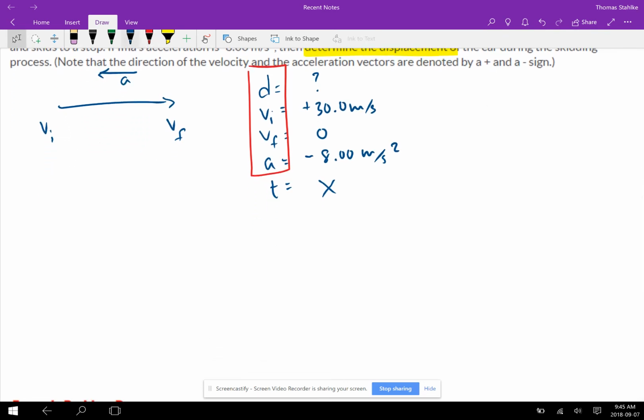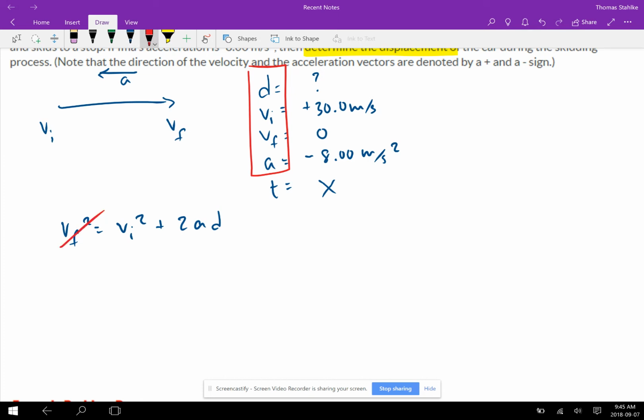This means that we can use this equation because it uses all of the variables that we need to address. However, the final velocity is really 0.